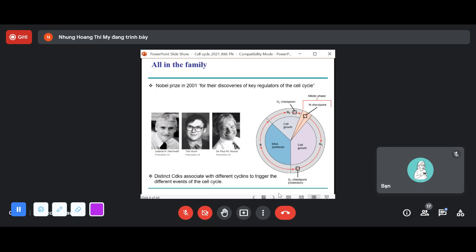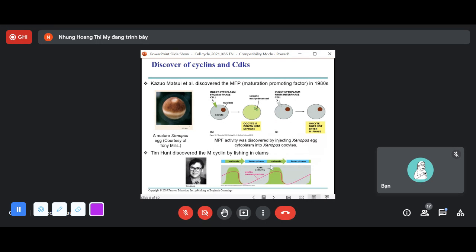So this protein has a concentration that rises and falls gradually. That means the cyclin concentration increases as the cell comes from interphase to M phase.